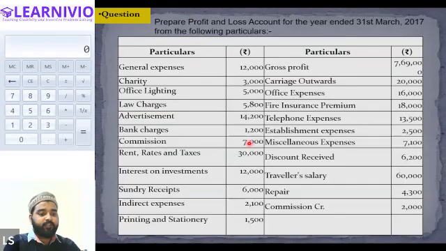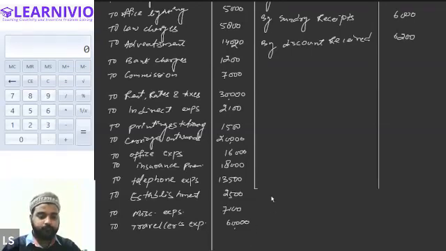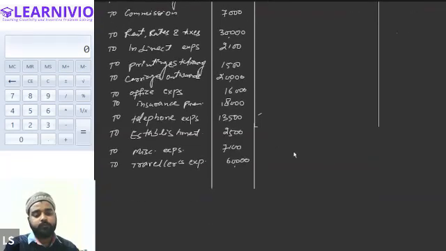After that, we have traveler's salary. Traveler's salary is obviously an expense. Traveler's salary is 60,000. So to traveler's salary 60,000. All right. We have so many expenses in this question.